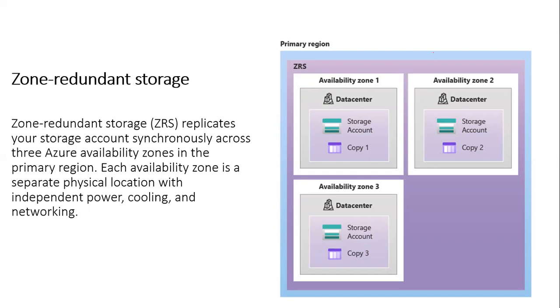But in South India, Microsoft Azure has three data centers. Let's imagine it is showing the region when creating the storage account as South India. But under South India, it has three different data centers again. One in Hyderabad, one in Chennai, one in Bangalore. So what happens when you choose zone redundant storage is it replicates your storage account.